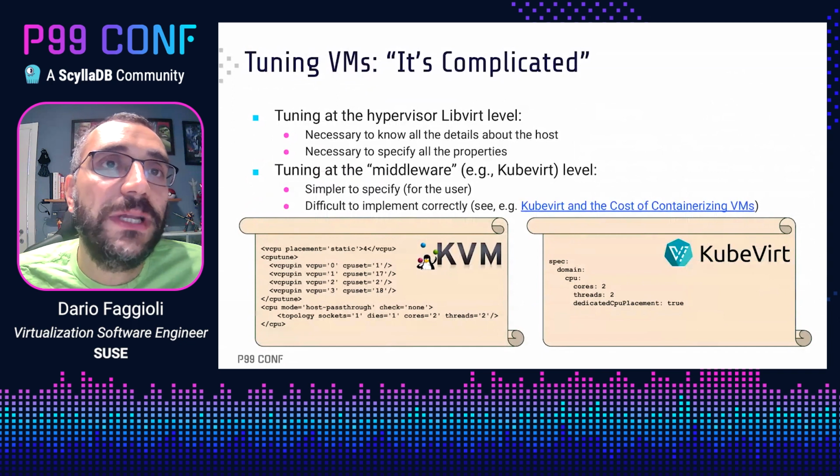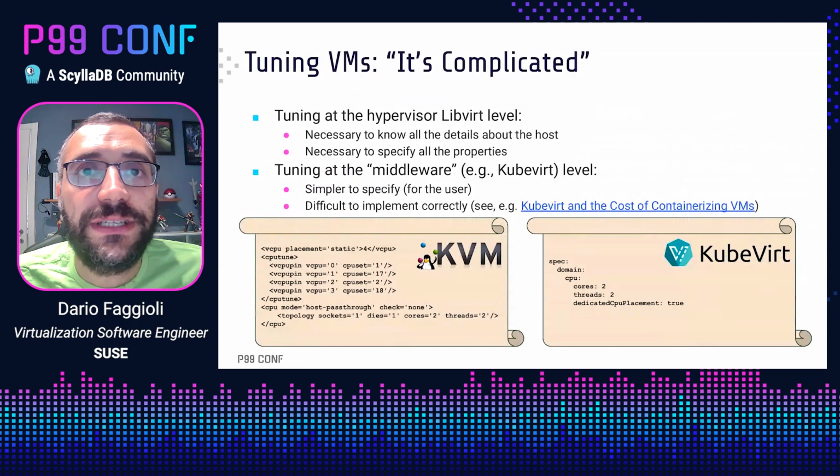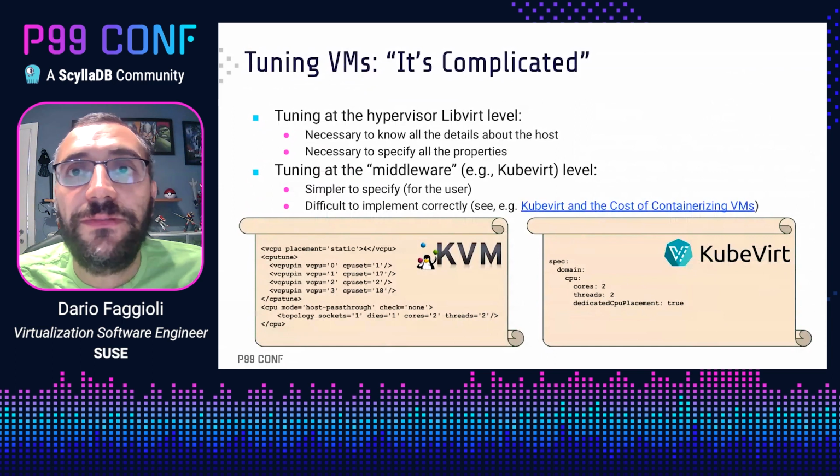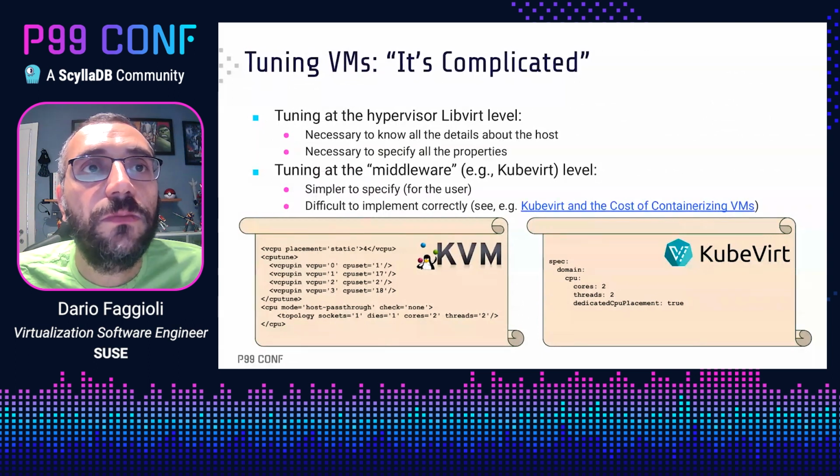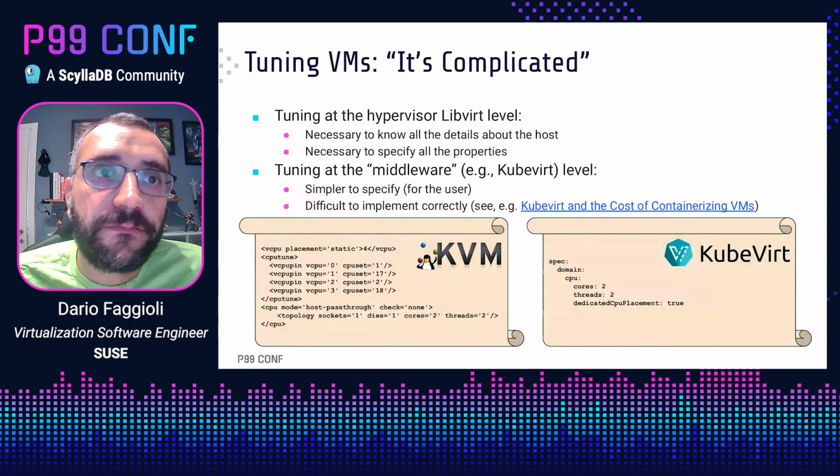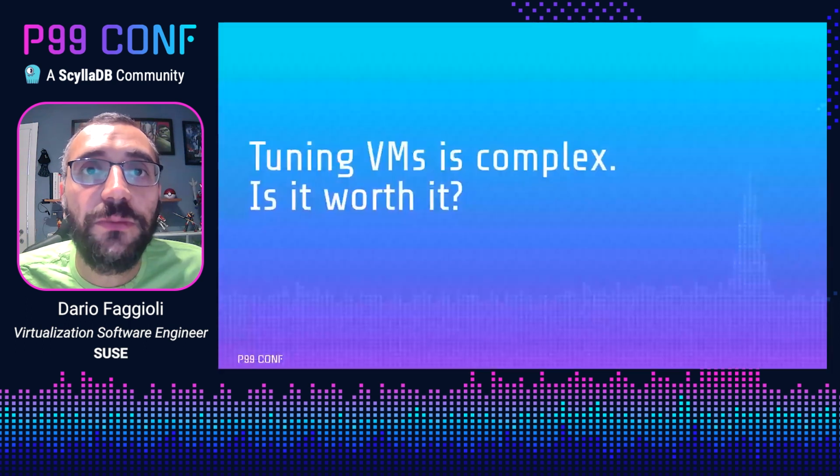But then the complexities move into the interfaces and the implementation of the middleware itself, and there have been examples already of that having been done wrong, and you don't have much control. So tuning is complex. Let's check the experiments I've done to see if such complexity is worth it.